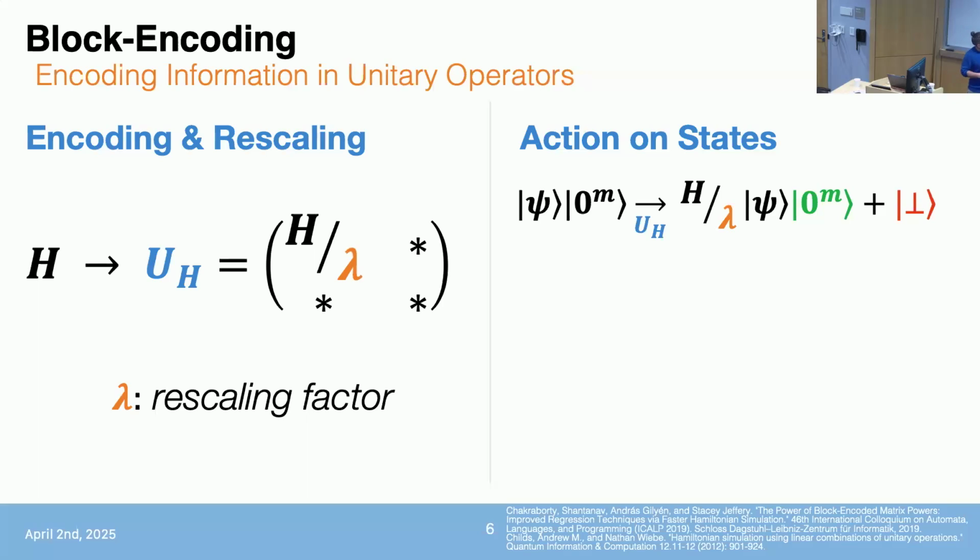Then we see that our output state is going to be H over lambda acting on psi, tensored with the all zero state of our ancillae register, and then just some orthogonal state. We don't know anything else about that state besides that it's purely orthogonal to any state where our block-encoding ancillae are in the 0 state. Does that make sense? Cool.